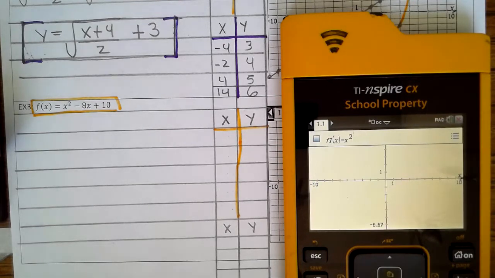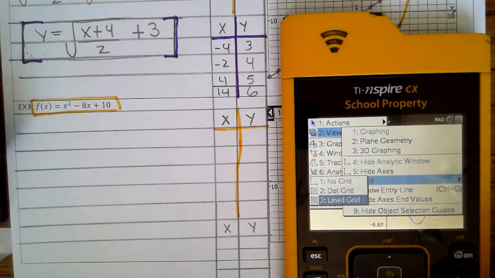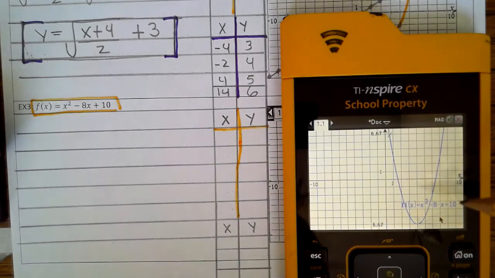Menu, View, Grid, Line Grid. We need to find the vertex first. So that looks like 4, negative 6, because we only want to graph the positive side, or the right side.